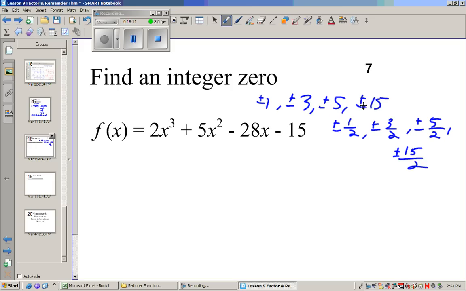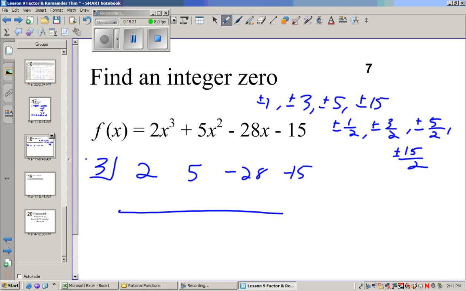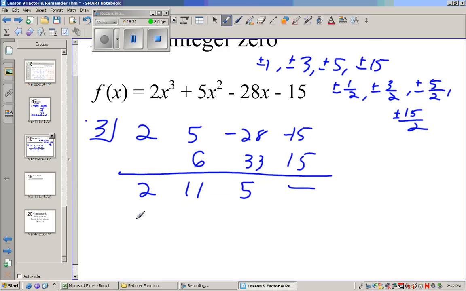However, you'd want to try these ones first. 3, I tried this out before, so I'm pretty sure 3 works. So 2, 6, 11, 33, 5, 15. So now 2x squared plus 11x plus 5, and this is x minus 3.